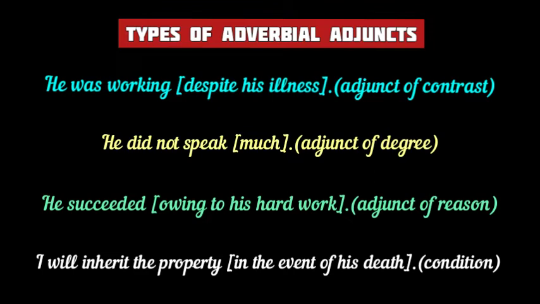It's expressing a precondition or condition for the act of inheritance. And so, it is an adverbial adjunct of condition. In this way, we see that adverbial adjuncts provide diverse information about the action of the verb in the predicate.